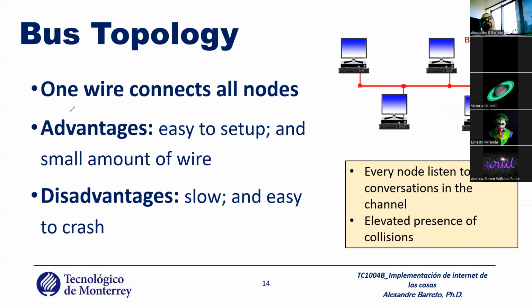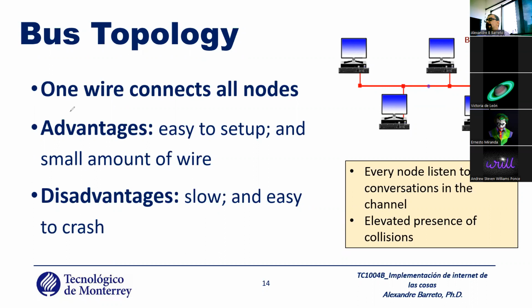Think of the bus topology as having one cable, and you connect all the nodes to this cable. One example of the bus topology: imagine you are in a dark room and you cannot see anything.